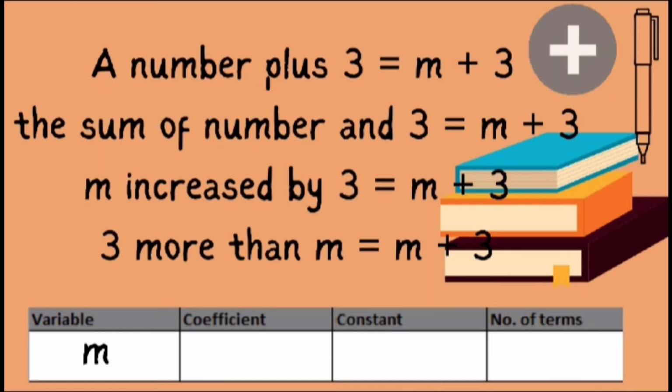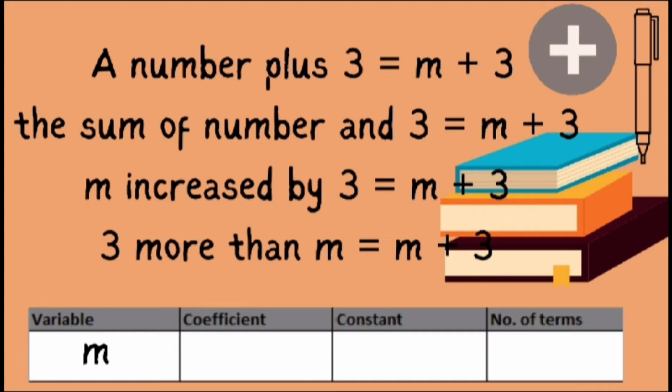Next, let's take a look at the coefficient. Again, the coefficient is the number that we see before the variable. As we can see, there is no number before the variable, but it doesn't mean that we do not have a coefficient. Remember that a coefficient is a factor or a number multiplied to a variable.